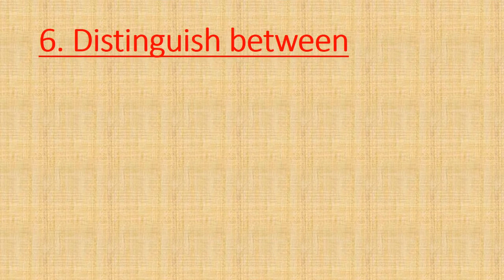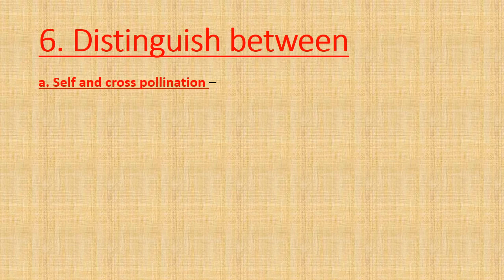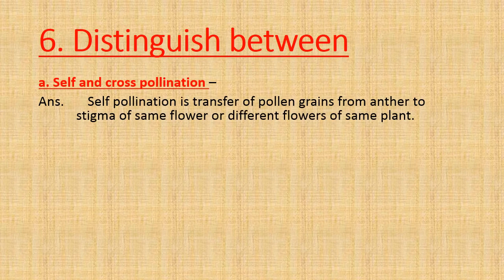Distinguish between, part A, self and cross-pollination. So here you have to write about self-pollination and cross-pollination. Students, self-pollination is the transfer of pollen grains from anther to stigma of the same flower or different flowers of the same plant.